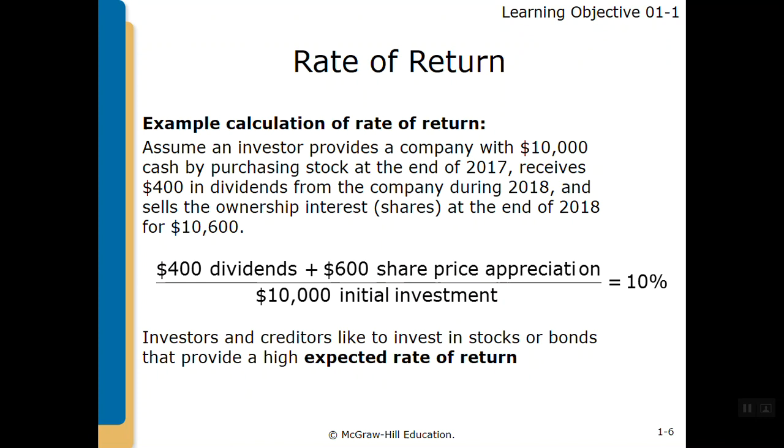So their shares have gone up in price, so they're worth more, so they have that potential in return on their investment as well. So we've got dividends and the appreciation of the share price, and we're going to divide that by how much they initially invested, and it looks like they're getting a 10% rate of return on their investment.